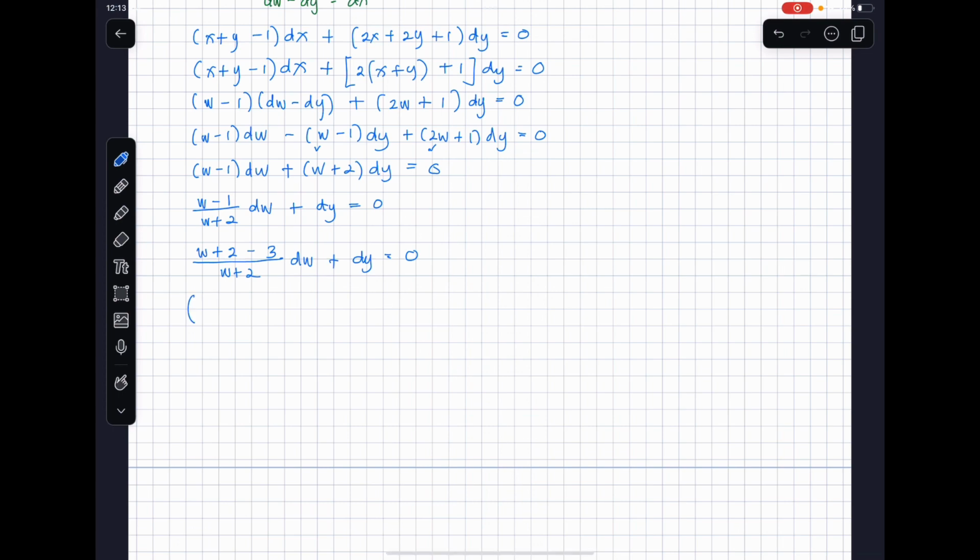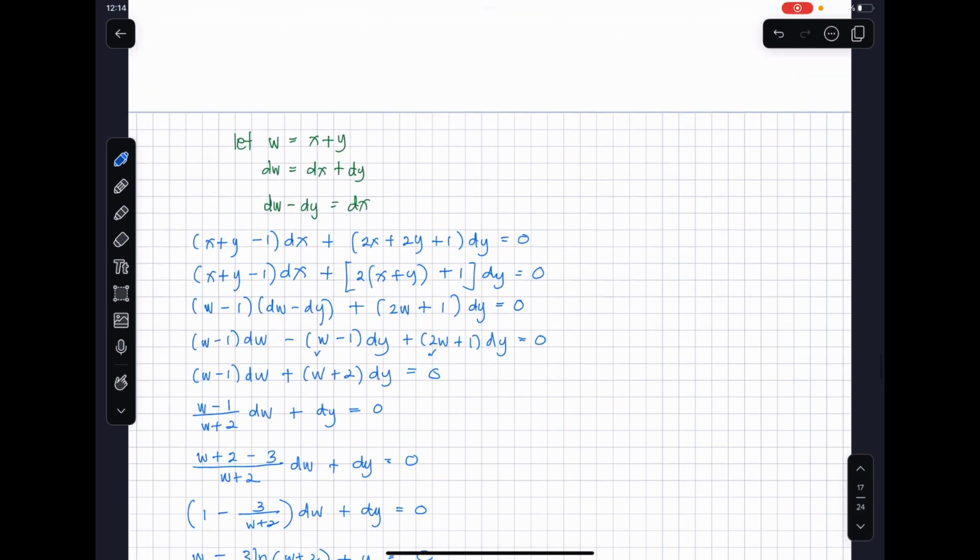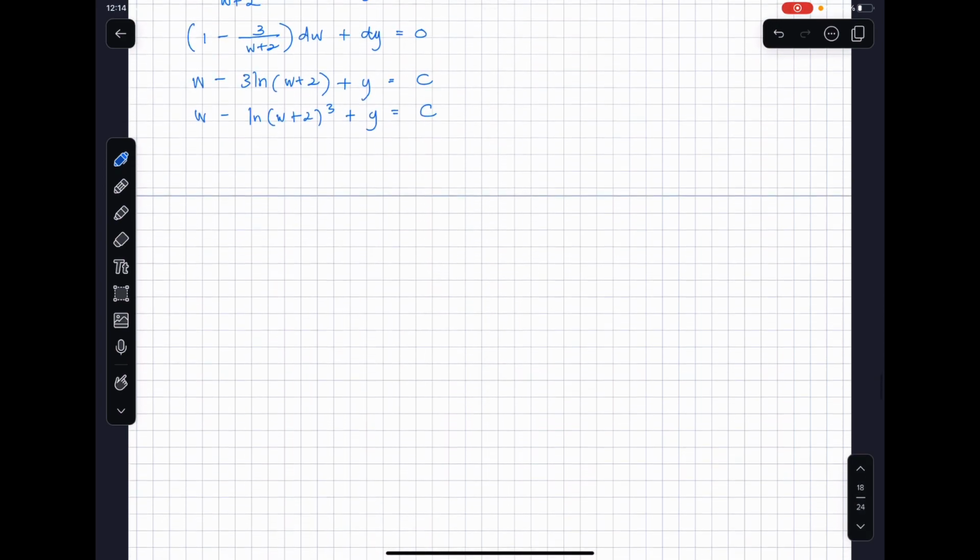So this would become 1 minus 3 over w plus 2 dw plus dy is equal to 0. So we integrate. This is w minus 3 ln of w plus 2 plus y is equal to c. So w minus ln of w plus 2 raised to 3 plus y is equal to c. But w is x plus y.